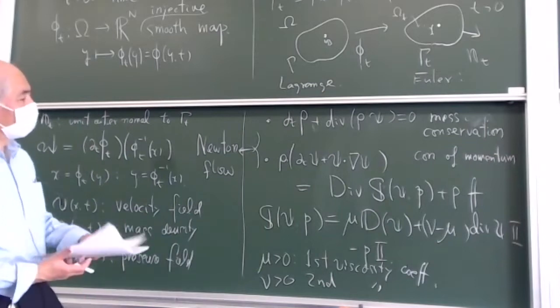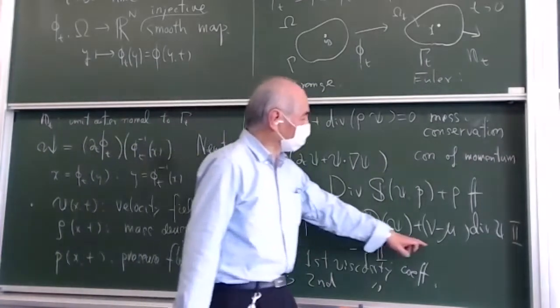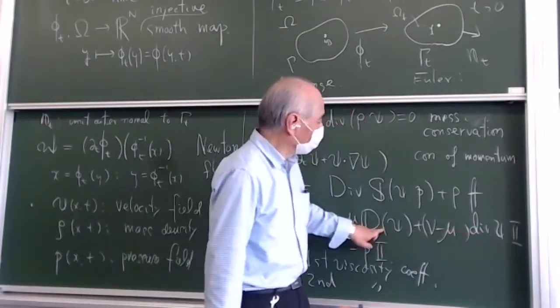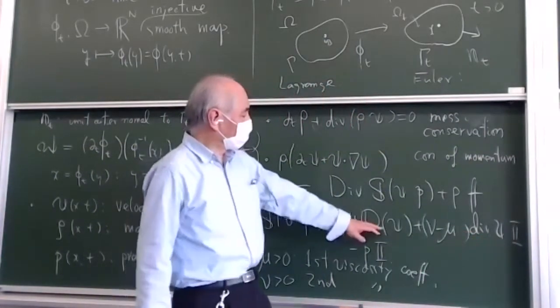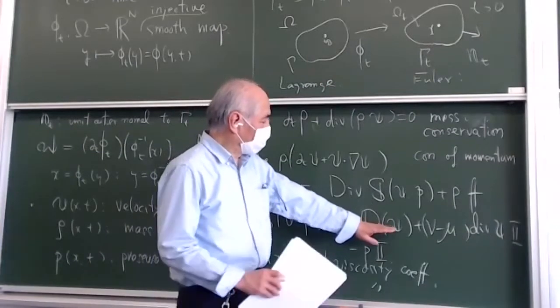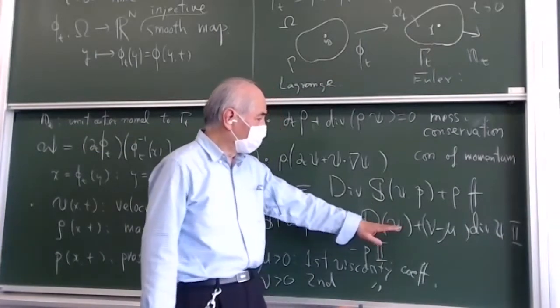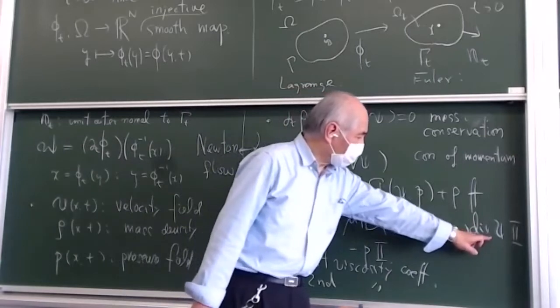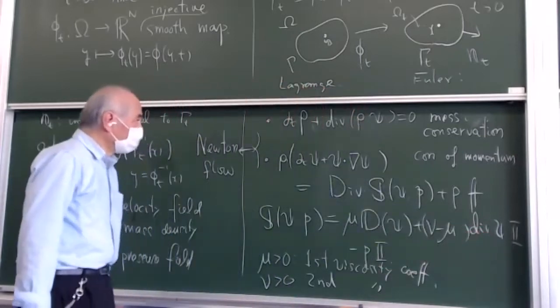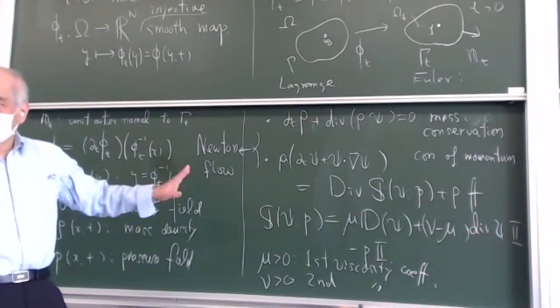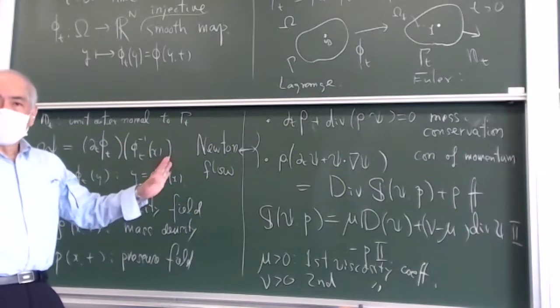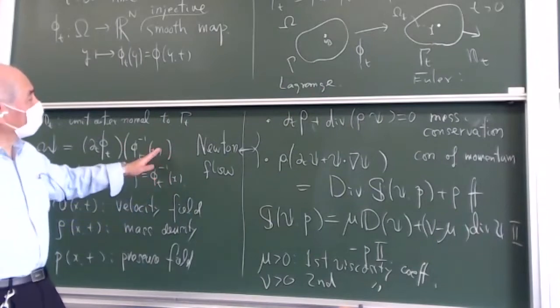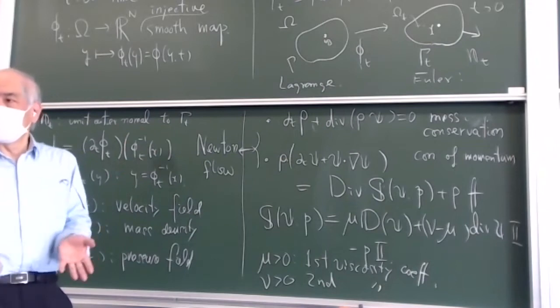Okay, maybe it's not necessary now to explain this one and this one. It's the symmetric part of the gradient of v. This is the usual divergence of v. So this is the equation. Now we also need boundary conditions.